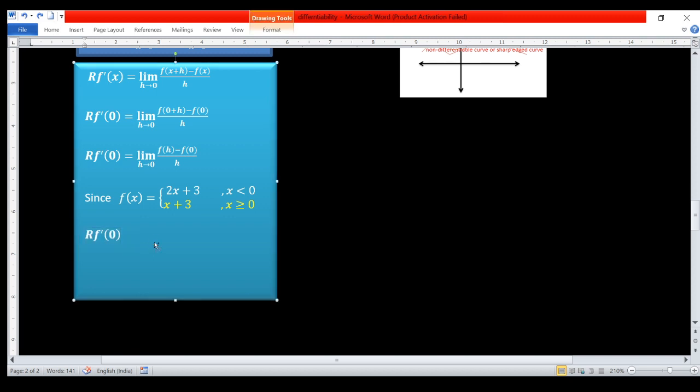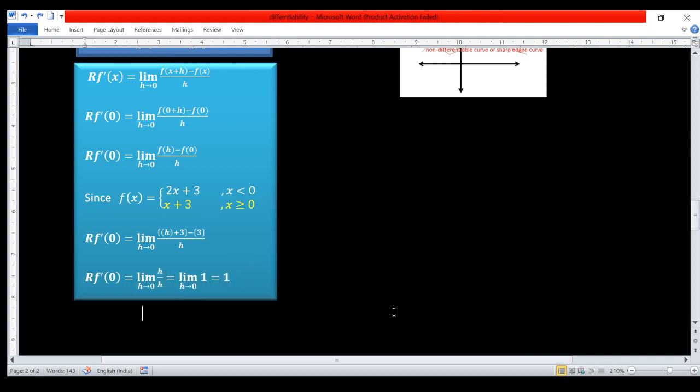So x greater than 0. Now we have to follow the function definition x plus 3 for f(x), which is going to be replaced here. So limit h tends to 0, the x value is h here, because f(h). So h plus 3 minus f(0). What is f(0) now? 3. So plus 3 minus 3 cancel. We'll get h by h.